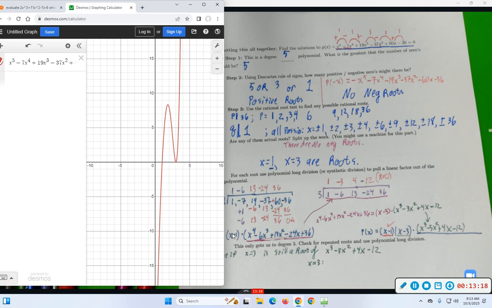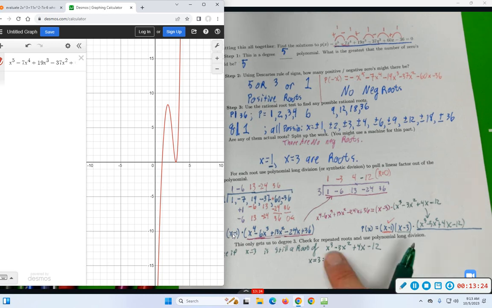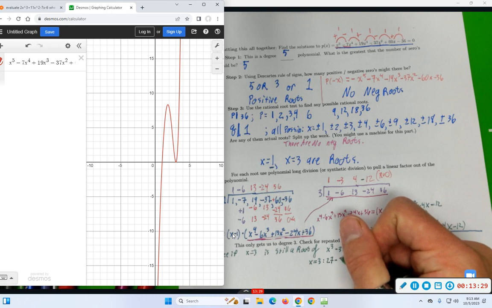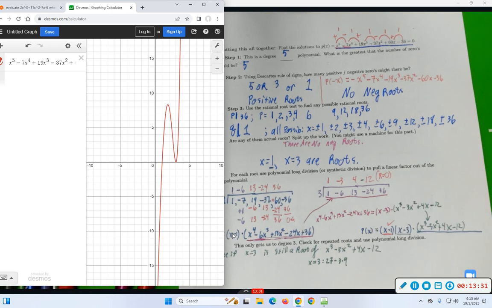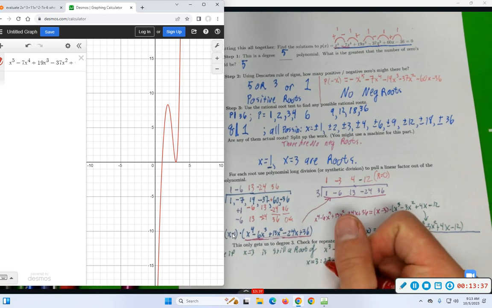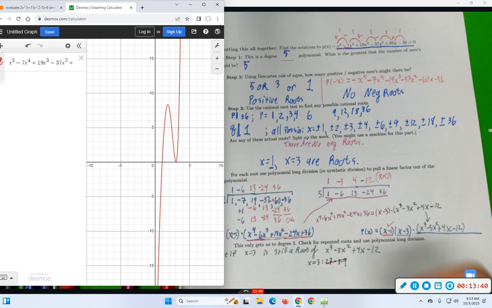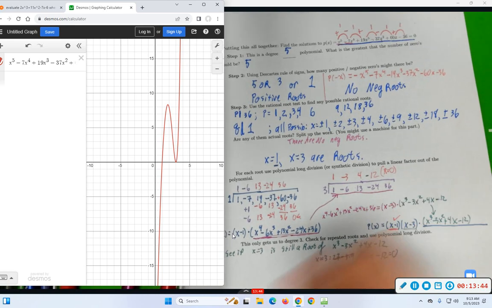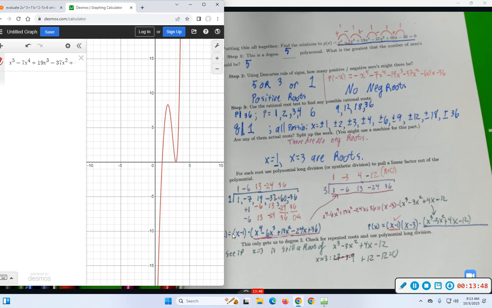And you could do this using a calculator, but since it's just one calculation, the biggest thing happening is cubing. I bet we can do it by hand. 3 cubed is 27 minus 3 times 9. Oh, neat. 3 times 9 is 27, right? So those two will just cancel out. Plus 4 times 3, that's 12, minus 12. Oh yeah, that totals up to 0. So, nice. I know that x equals 3 is a root.